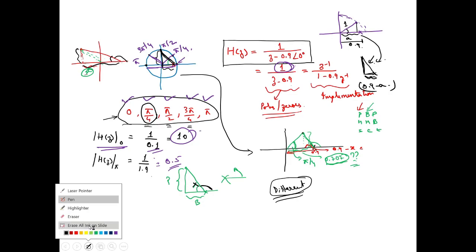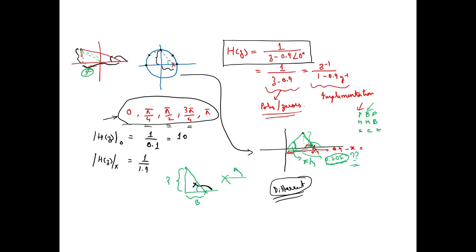I am erasing. Now next is here. We want to find out this distance. This is just the mirror image of this one. So A, what we have calculated here also, this is A, right?